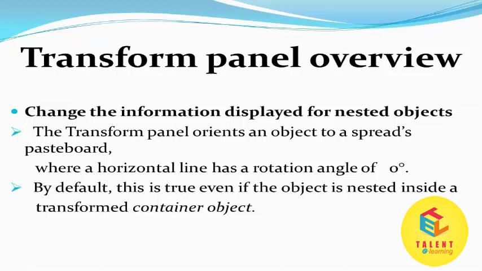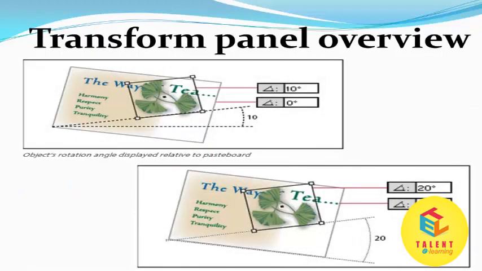For example, if you paste an unrotated graphic inside a frame, rotate the frame 10 degrees with the graphic inside, and select the graphic using the Direct Selection tool, the Transform panel displays the graphic's rotation angle as 10 degrees. This is an example of the rotation angle.